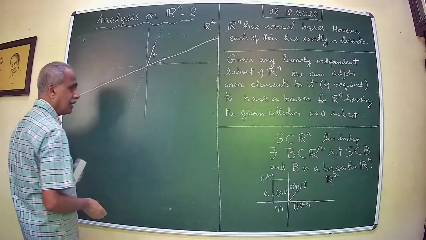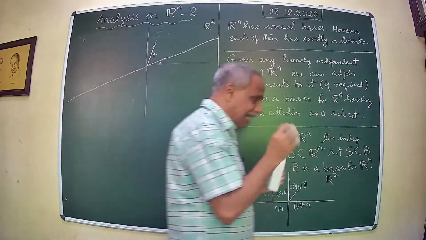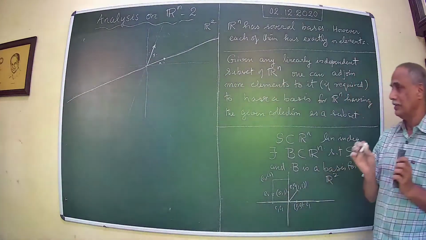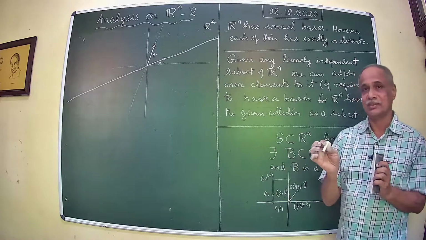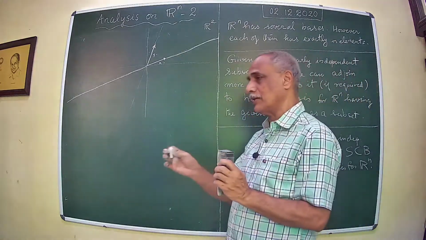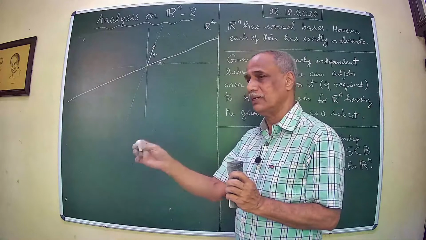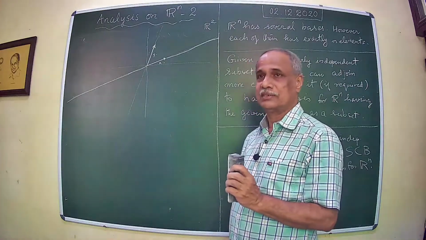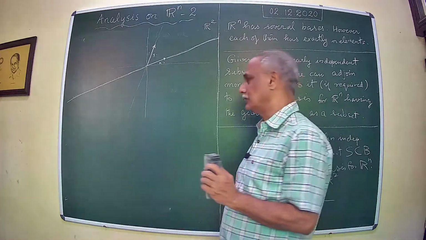Therefore, we realize that the number that emerges is an intrinsic number associated with the vector space, and that is what you call the dimension.